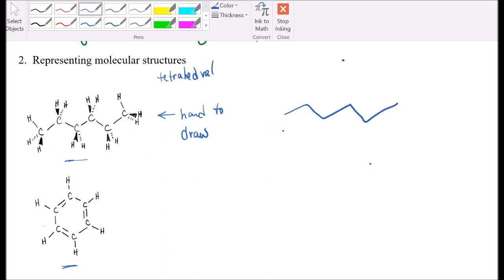There are 6 points on this squiggly line representing the 6 carbons. Hydrogens are not shown at all. So you count the vertices: 1, 2, 3, 4, 5, 6. And that represents 6 carbon atoms, all bonded to each other with single bonds.